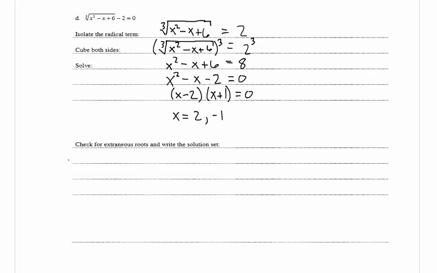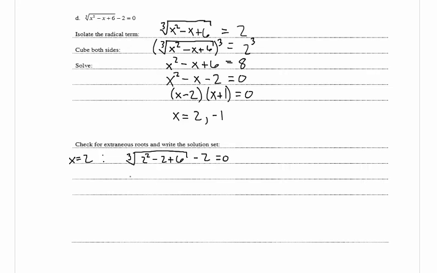And now we want to check and see if 2 and negative 1 are extraneous solutions and write a solution set. So for x is equal to 2, we have the cube root of 2 squared minus 2 plus 6 minus 2 is equal to 0.